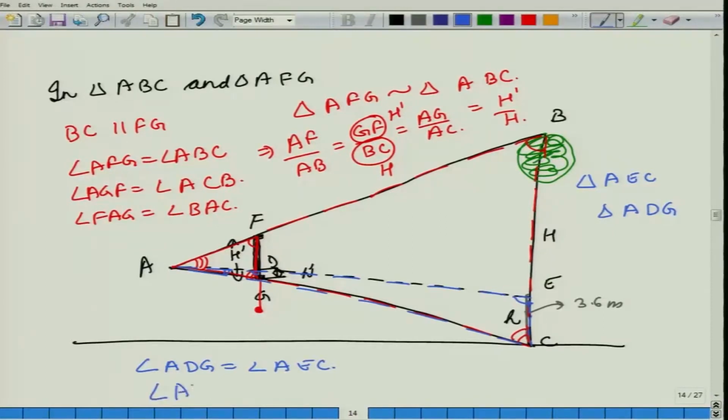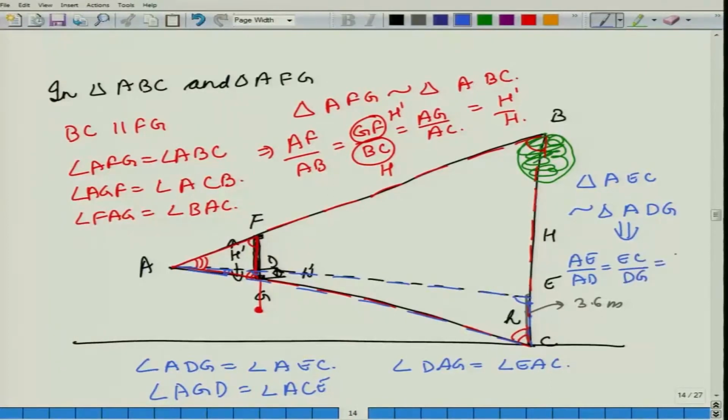Also angle AGD is equal to angle ACE, and the common angle DAG is equal to angle EAC. So, both these triangles are also similar, which would give us that the corresponding sides are in a constant ratio. So, we have AE by AD is equal to EC by DG is equal to AC by AG.